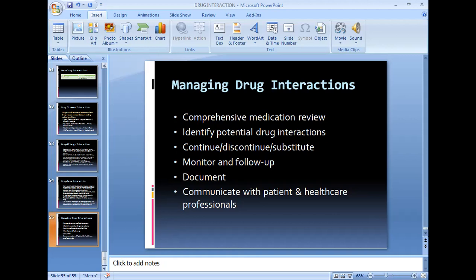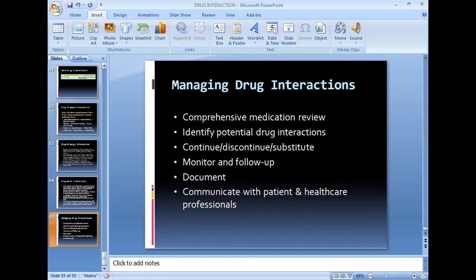So it is required to review the medication of the patient to reduce the risk of drug interaction for patient well-being, to identify the potential drug interaction, and to manage the consequences related to such interaction.